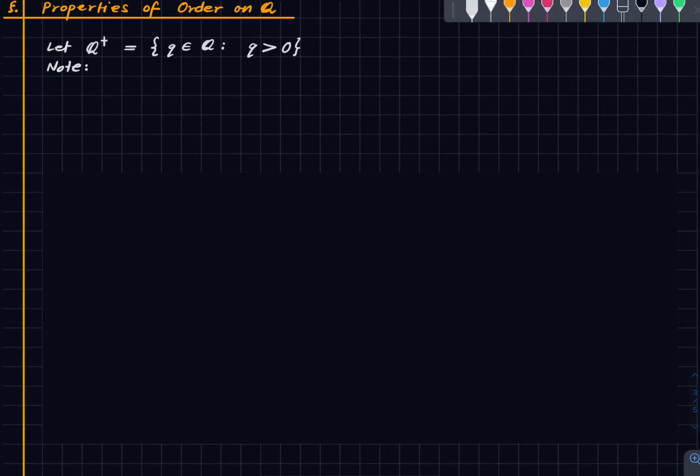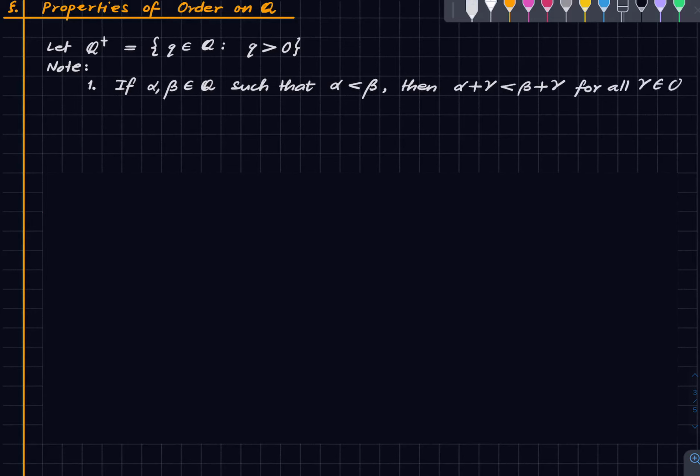So the first one is if alpha and beta are rationals such that alpha is less than beta or less than equal to beta, but let's just stick to less than, then this happens for all rationals gamma, right?